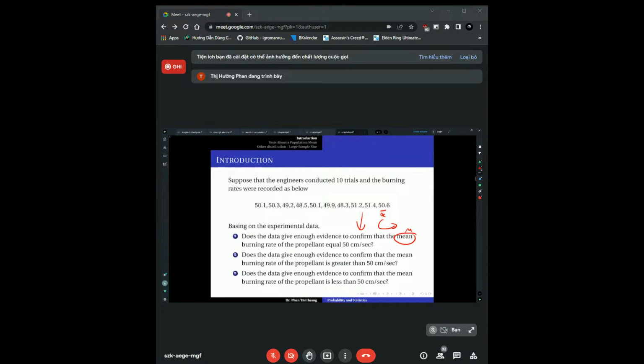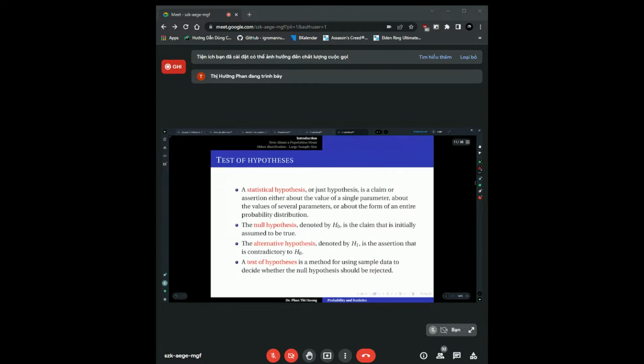Now, we're always talking about hypothesis testing. First of all, we need to understand what a statistical hypothesis, or simply hypothesis, is. It is a claim or assertion either about the value of a single parameter, about the values of several parameters, or about the form of an entire probability distribution.